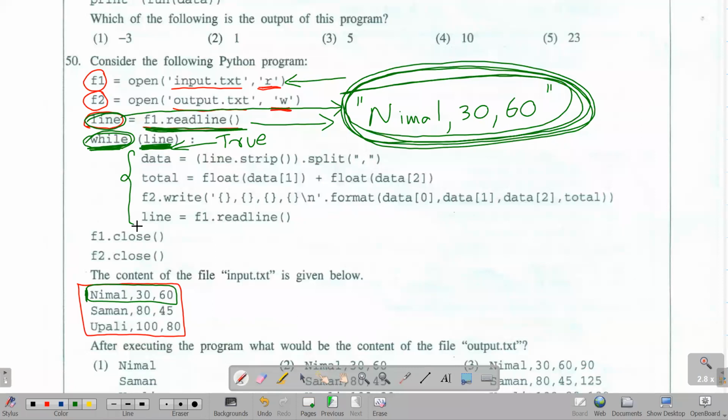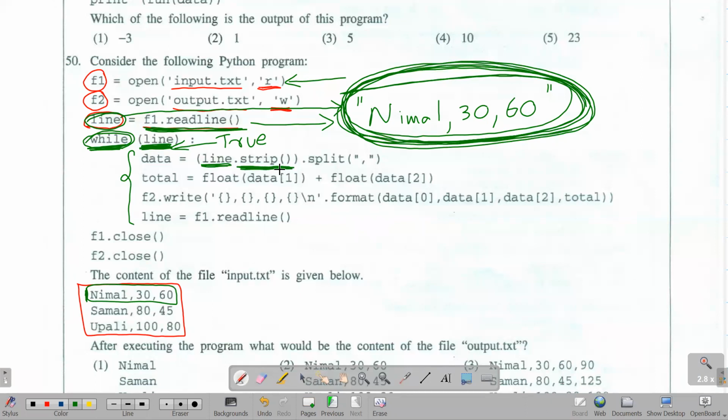Here there are some things for you to learn in a new way: two different methods called split and strip. It says take the line, that means this string, and then dot strip.